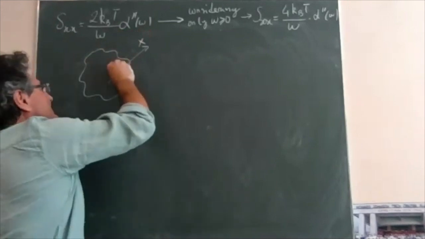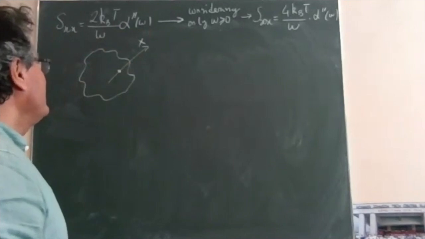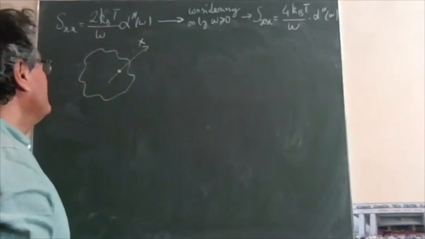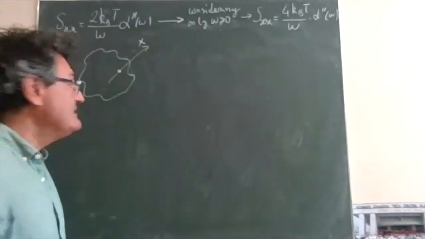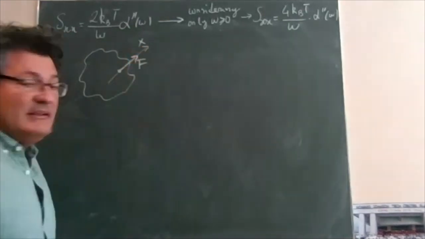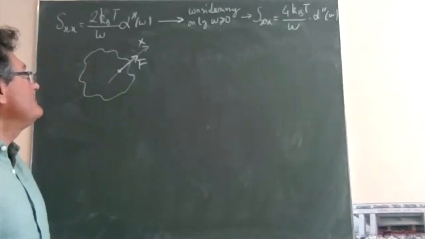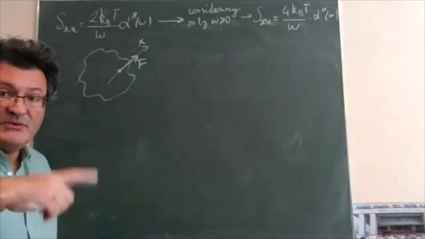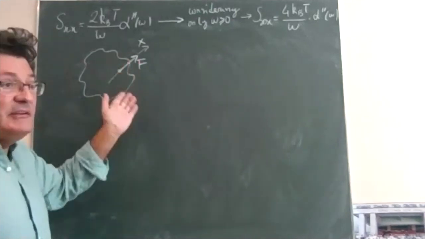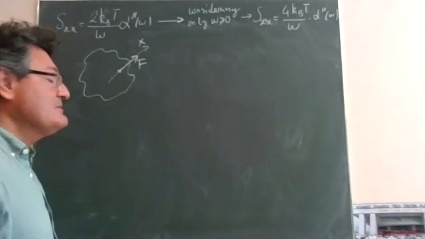X is an observable. We want to calculate the work done by the external excitation on a cycle. Consider we are in the frequency domain, so we do the harmonic analysis of our system.